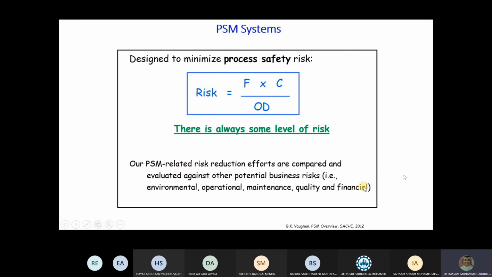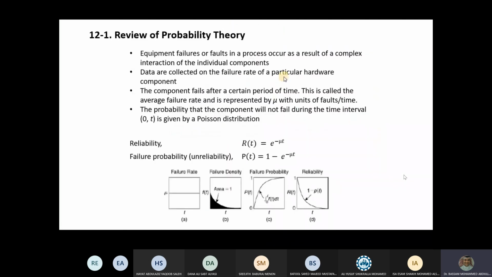If you go to the process safety management standard and read about it, you're going to see the different risks incorporated in it. So that was the first part, just to get an idea about what risk is and how to calculate it.